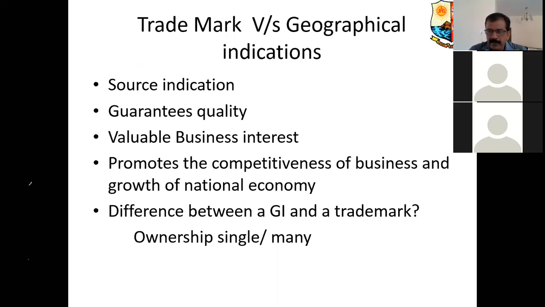People who live in that region or work in that business are the only owners. Therefore, single ownership is not given to a GI, whereas it belongs to a particular group of people, the public of that region. That is the only difference between GI and trademark.